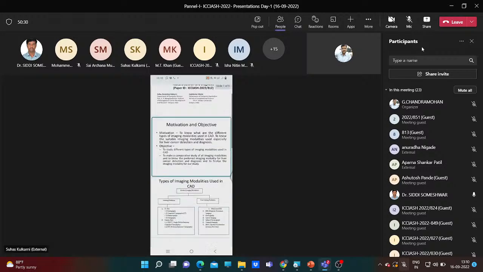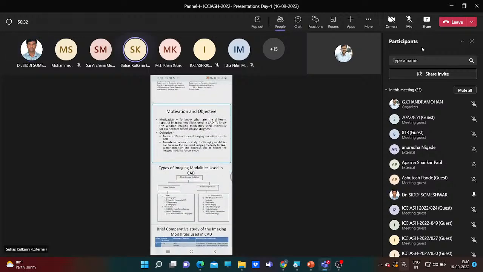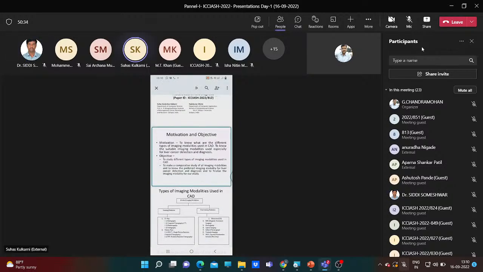Let me first explain the motivation and objective behind this study. We are working on an intelligent approach to liver cancer detection and segmentation. In this journey, initially, we needed to know what the different imaging modalities used in medical image processing are, especially from the computer science point of view.